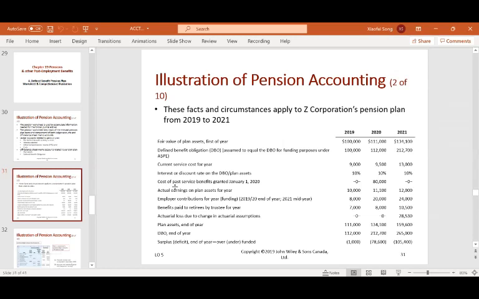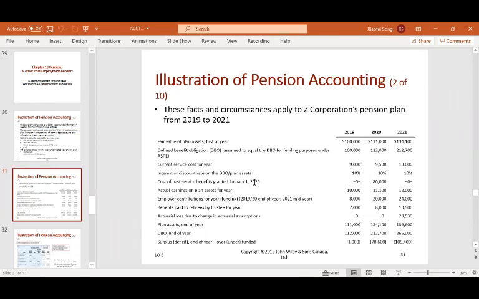And we have past service benefits only in 1 year, 2020. The detail we need to note here is that this past service benefit was granted January 1st, 2020. So what's the difference if it is granted on December 31st, 2020?